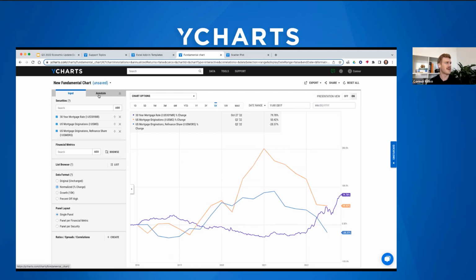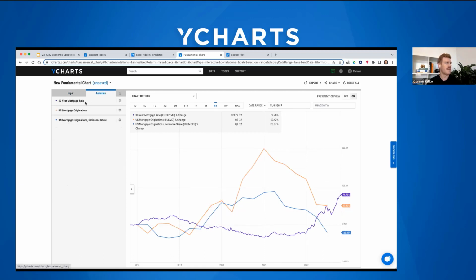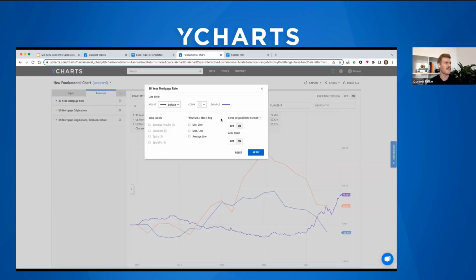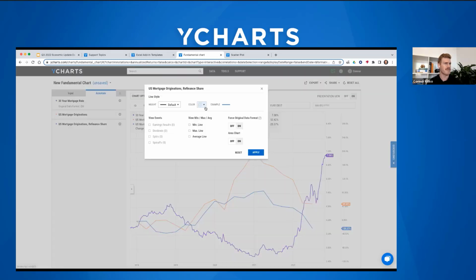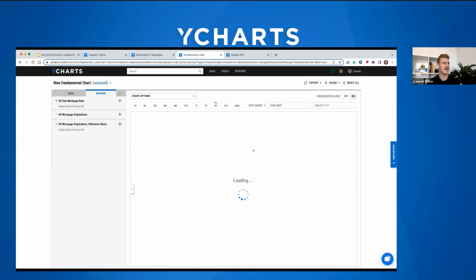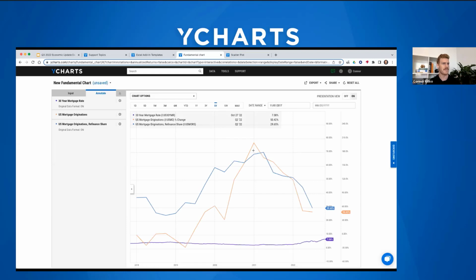So I'll click on the annotate tab. Since I know 30-year mortgage rate is a rate, I'll click annotate, and then here, force original data format. So I want to view this one as a rate. And there it pops back. We recognize that 7.08% number. We'll do the same thing for this refinance share, because it's also coming in as a percentage of the total number of originations.